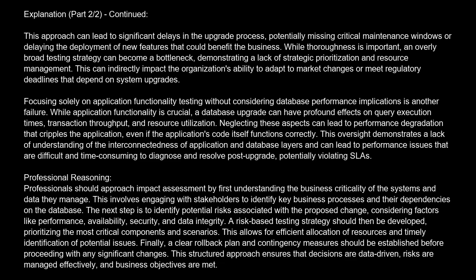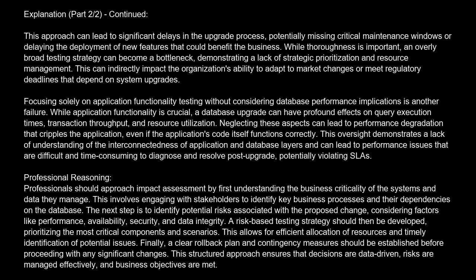Professional reasoning. Professionals should approach impact assessment by first understanding the business criticality of the systems and data they manage. This involves engaging with stakeholders to identify key business processes and their dependencies on the database. The next step is to identify potential risks associated with the proposed change, considering factors like performance, availability, security, and data integrity.